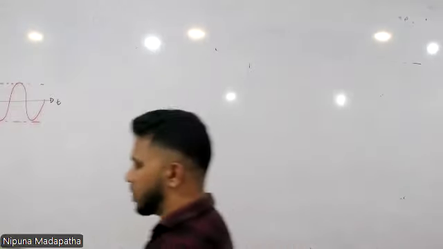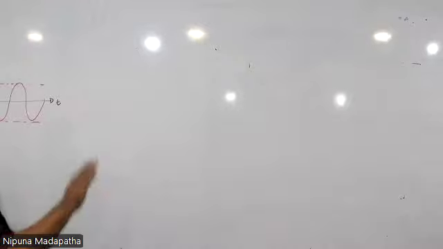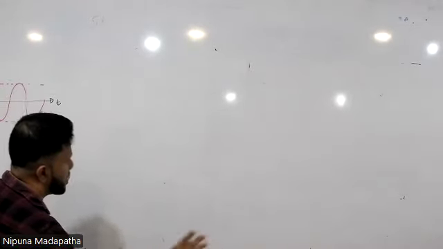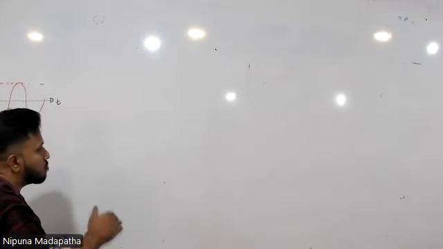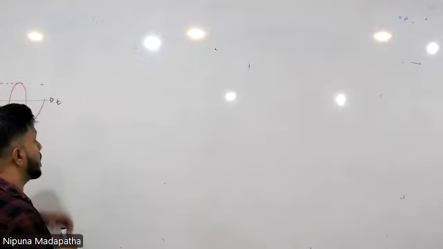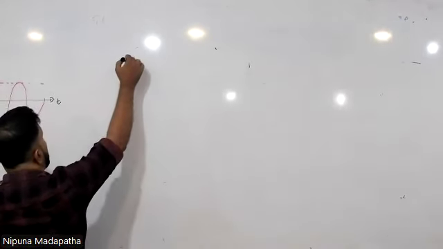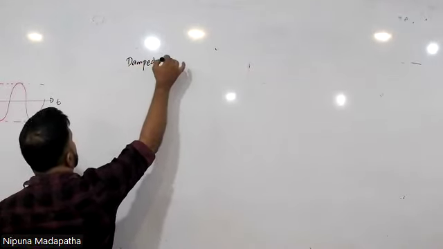When the amplitude is gradually decreasing and energy is being lost, these kinds of oscillations are known as damped oscillations.